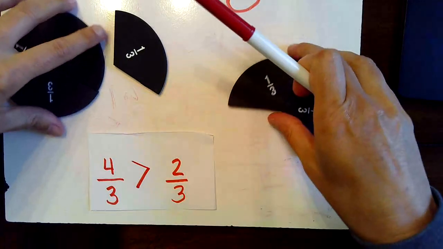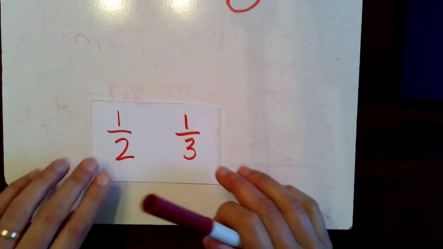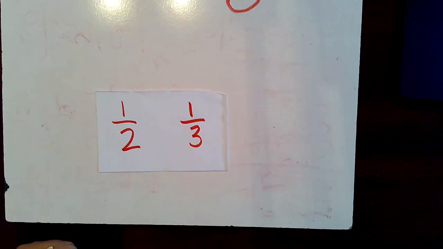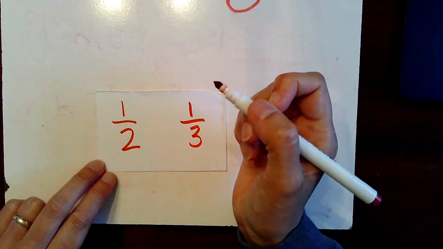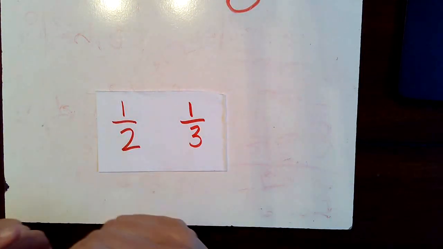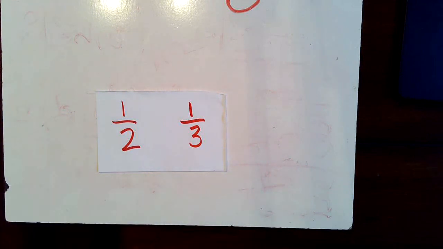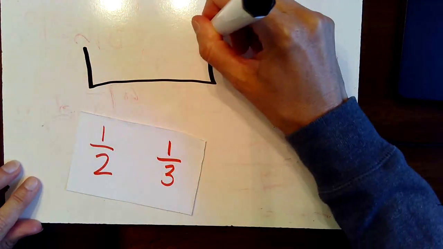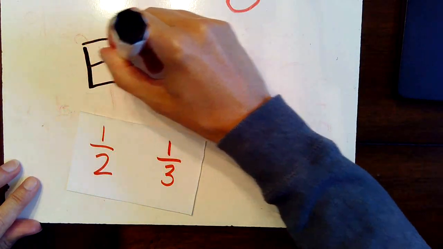Hope you remember that. Now, the next one, I'm just going to have you do, and then we'll check it together. Look at this one. 1/2 and 1/3. Go ahead and put in your sign. Which one is larger, 1/2 or 1/3? Now for this one, I'm going to draw the rectangle box.